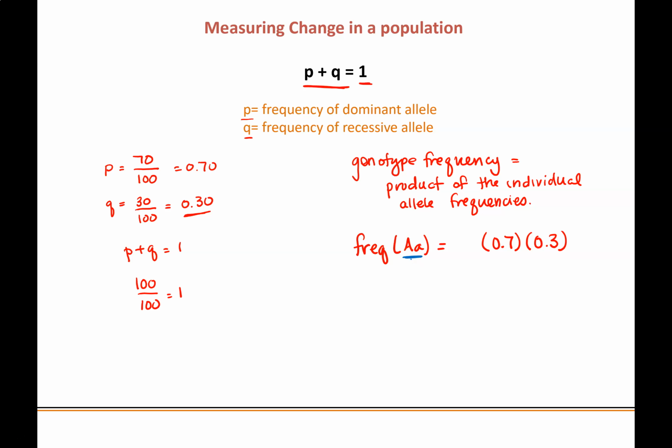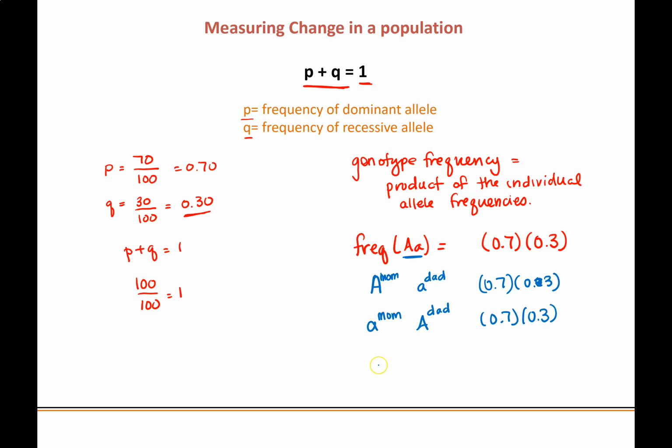This big A, little a situation can come from either mom giving the dominant allele and dad giving the recessive, which would be 0.7 times 0.3, or mom can give the recessive allele and dad can give the dominant allele. The chance of that is 0.7 times 0.3. But because there are two ways, we actually have to use the sum rule. There's two ways that an individual can be heterozygous.